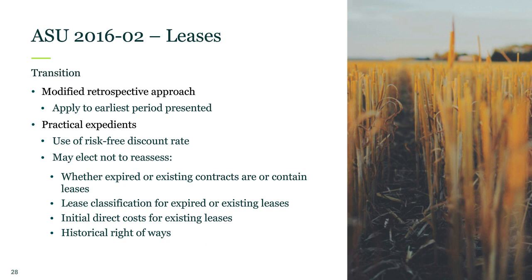Yeah, I think the one benefit that could be there, if you're a company that did a lot of renegotiation of your leases within the last 2 years and you have a lot of modifications, the ability to ignore those and not have to implement that a year ago or 2 years ago and just show it as it exists on January 1, 2019 might be a reason that you do that.